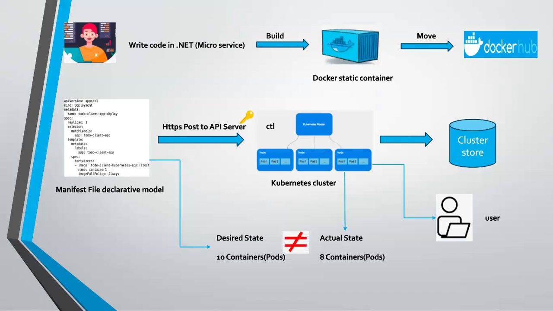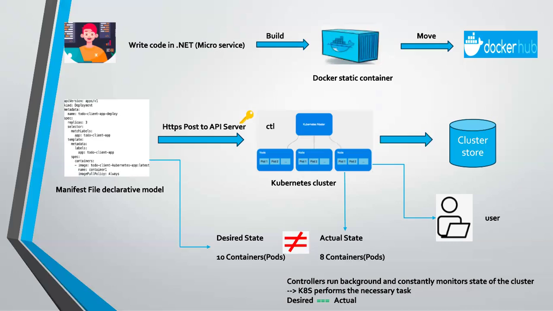So both are not equal. The desired state of the manifest file is 10, which is already stored in the cluster store, and it is not equal to the actual state. Only 8 containers are running inside the worker nodes. So the controllers run in the background and constantly monitor the jobs, the tasks.